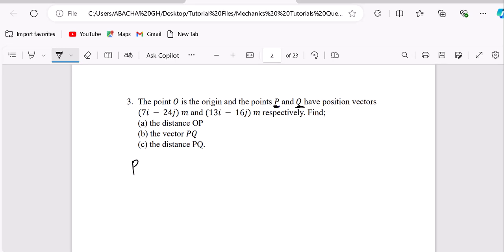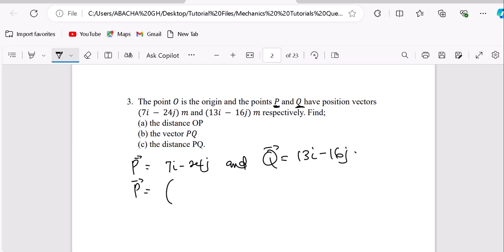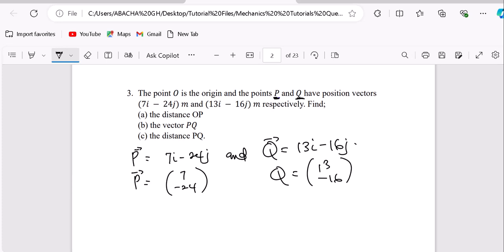Vector p is 7i minus 24j, and vector q equals 13i minus 16j. In fact, vector p can also be written as (7, -24), and q can be written as (13, -16) in column form like this.